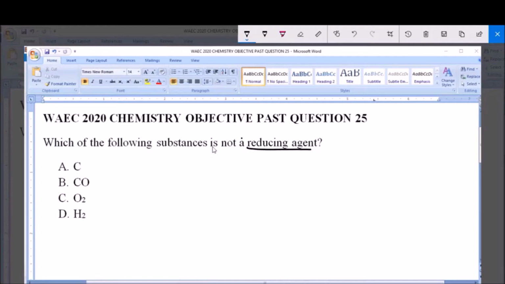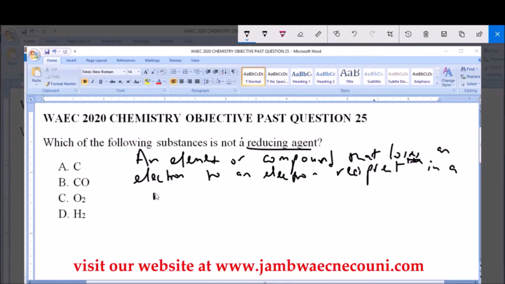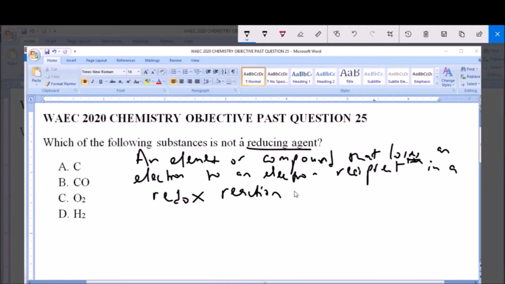Now what we're looking at here is reducing agent, and a reducing agent is an element or compound that loses an electron to an electron recipient or electron acceptor in a redox reaction, that is an oxidation reduction chemical reaction.